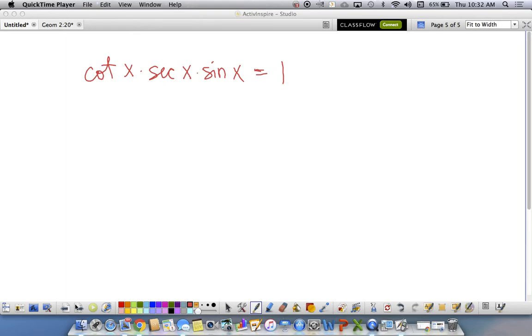Whoops, I went too far. And what's sine? Keep going. What do you do when you multiply this? So did you mark out? It's just that and then that and then that is one.